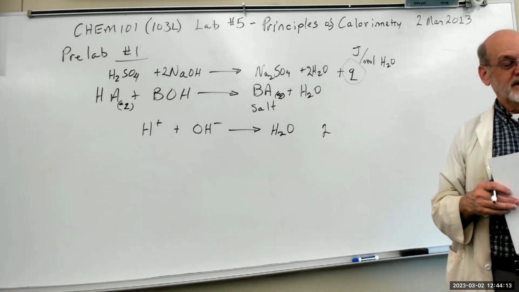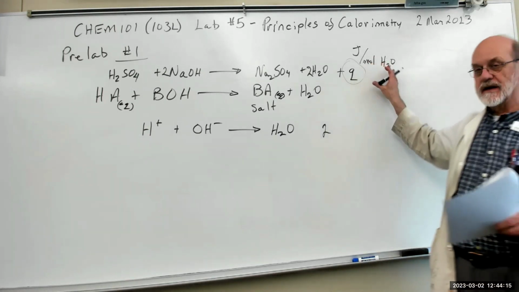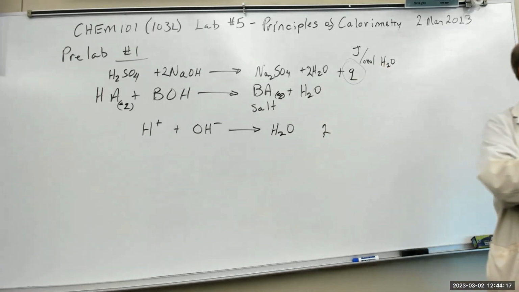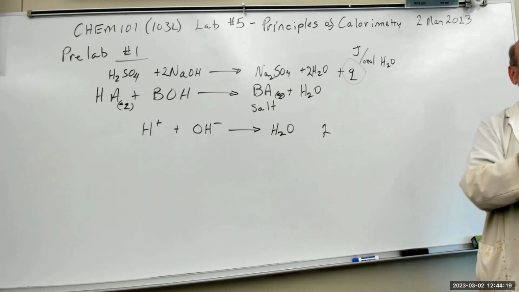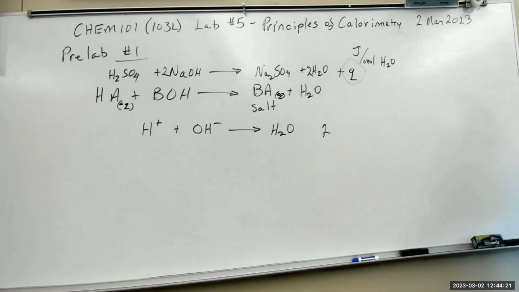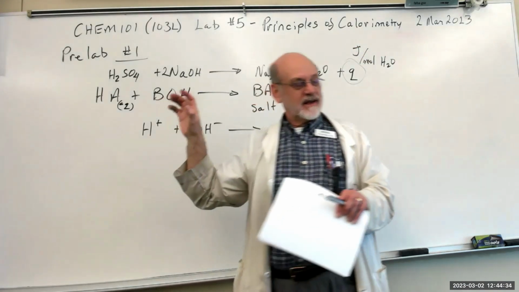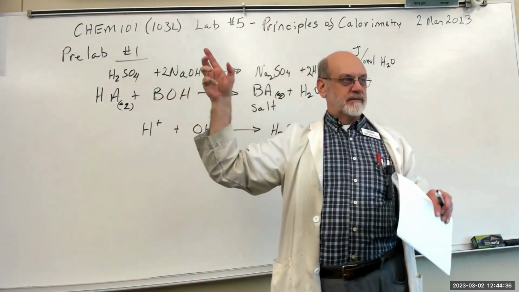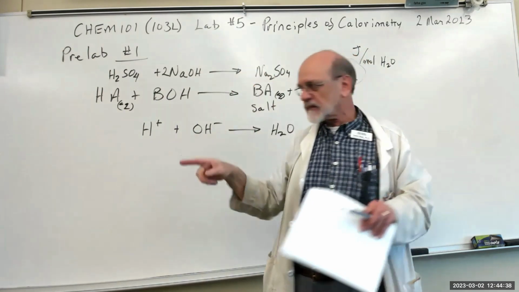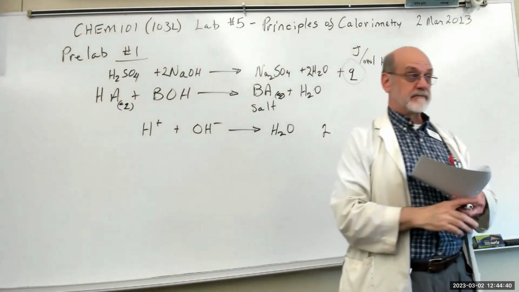So you compare the value you get to this value. And notice it's a negative sign. And that means what? Exothermic. Everything is in relation to the system. So the system generates heat and it leaves the system. That's why it's got a negative sign.